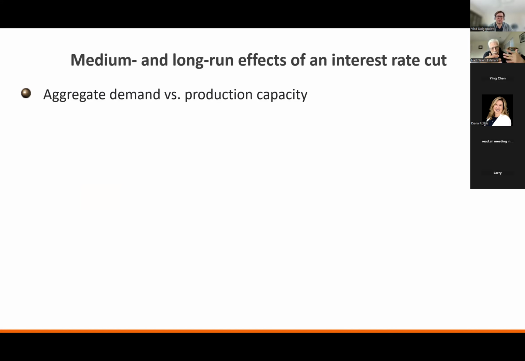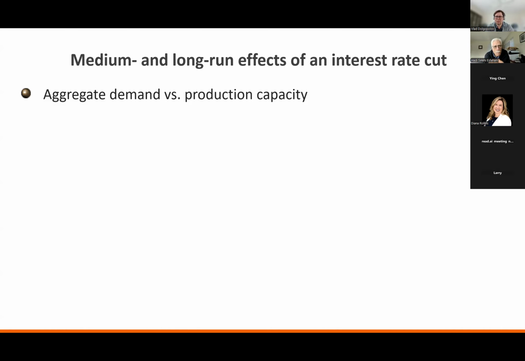But if aggregate demand goes up, then production is going to be stretched, and the cost of production could go up, and that could give rise to higher prices and inflation. And if production capacity is bigger than aggregate demand, there's some spare or excess capacity, and that causes prices to slow down or even fall at some point.